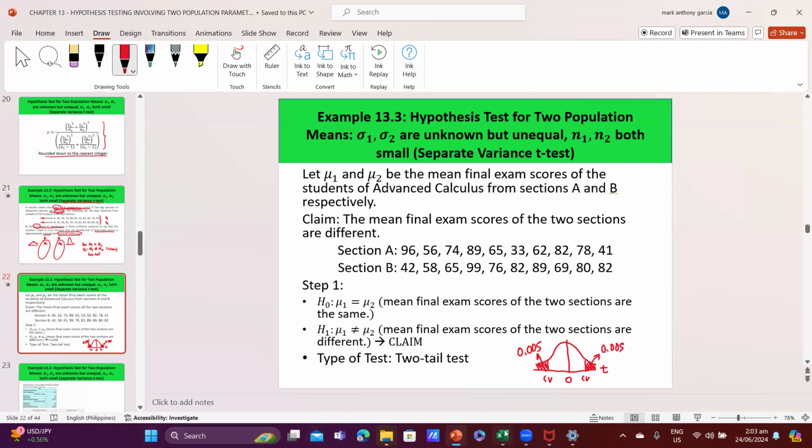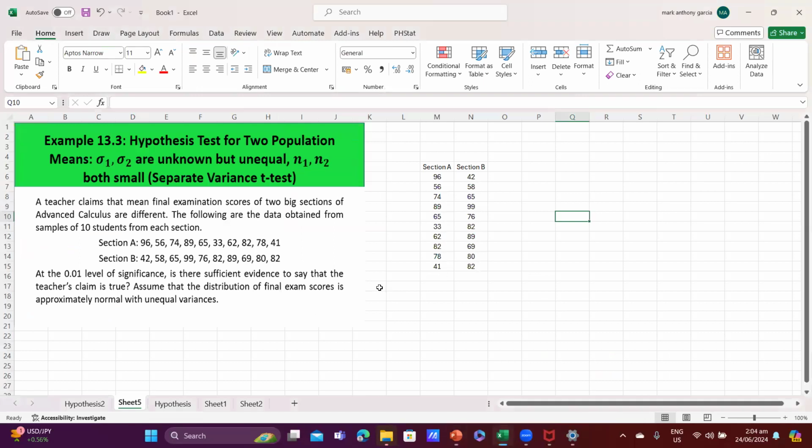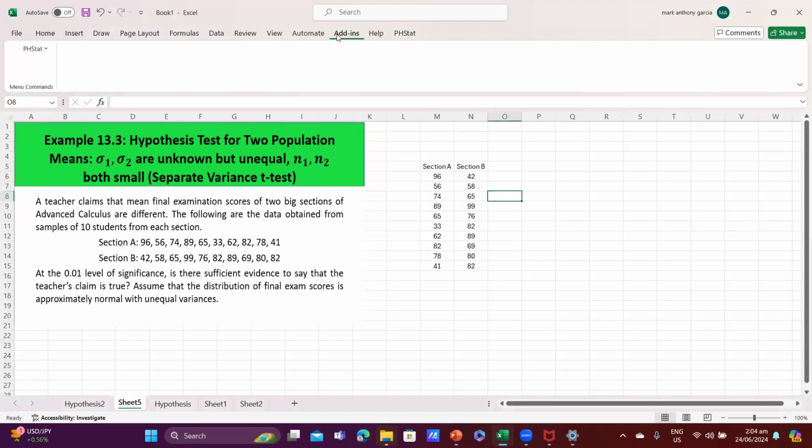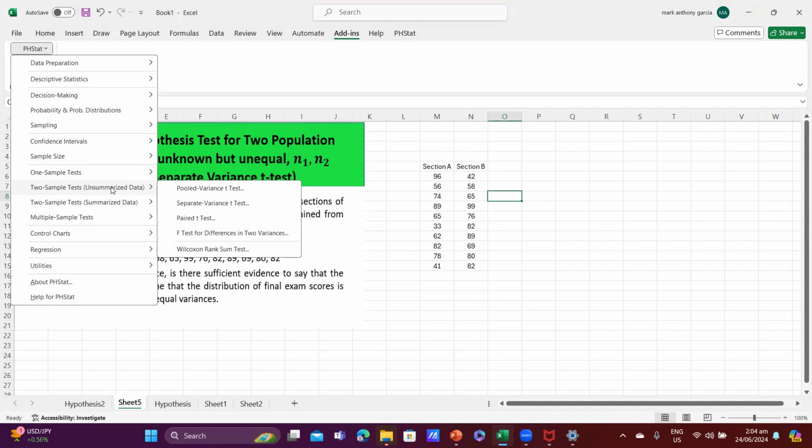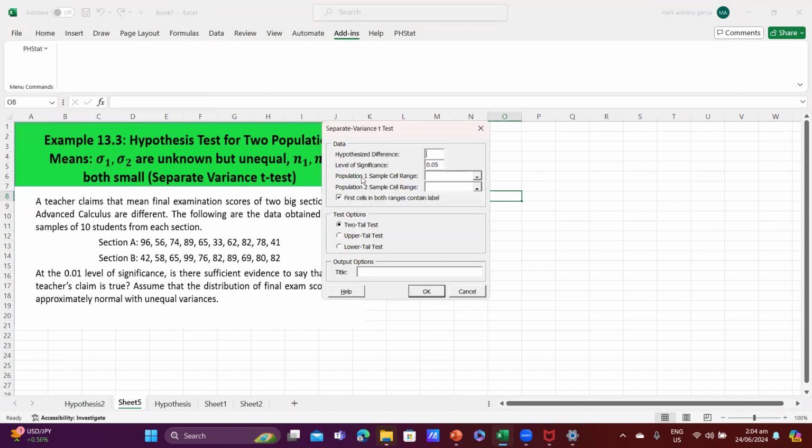So going back, I'm showing you now the Excel file. So I've encoded the data from both sections A and B. Since this is under case number 3, we will again pick add-ins PHStat, but this time we will pick two sample tests and summarize data. And since we already know that this problem falls under case D, we shall tick separate variance test.